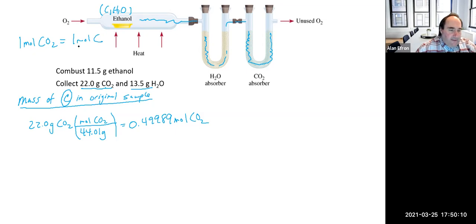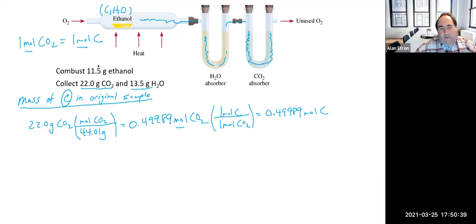Since this is a mole to mole relationship, we had to convert to moles. So 1 mole of the entire thing gives us 1 mole of carbon, which gives us 0.49989 moles of just carbon. Any questions on that part?